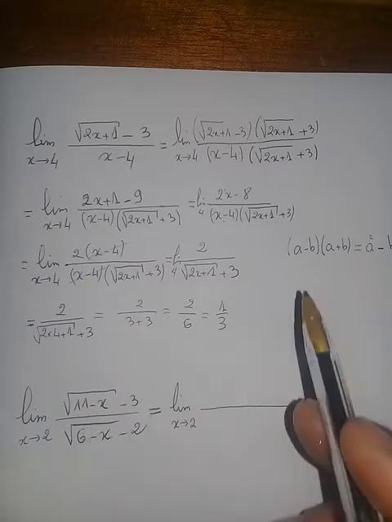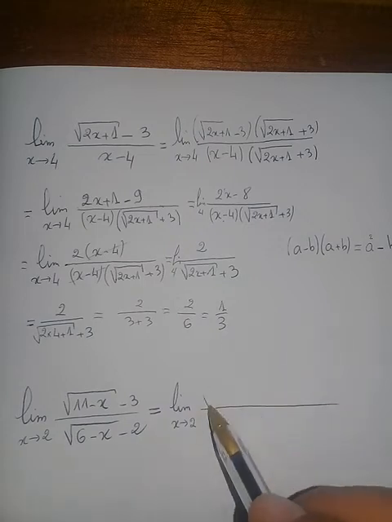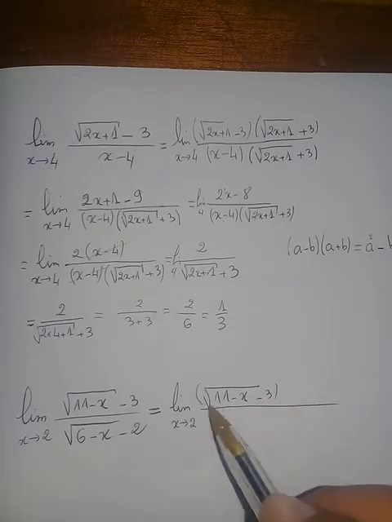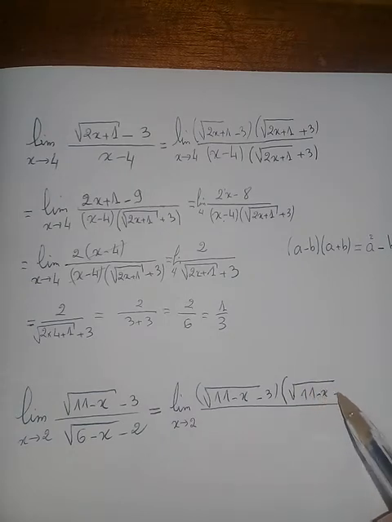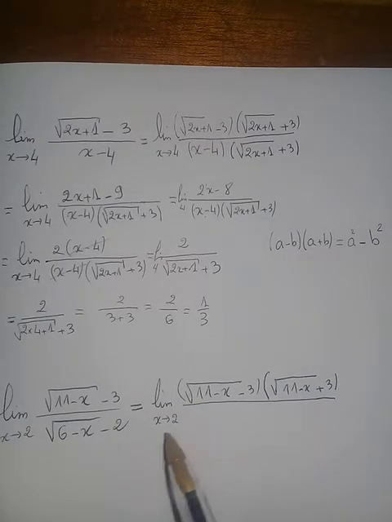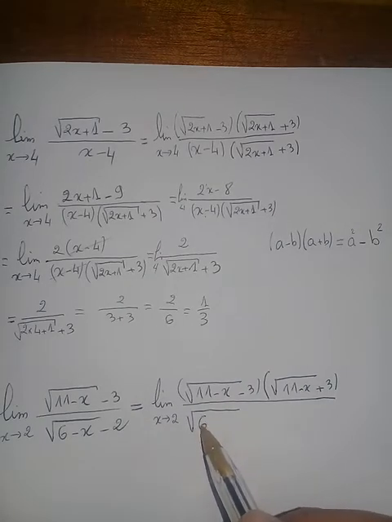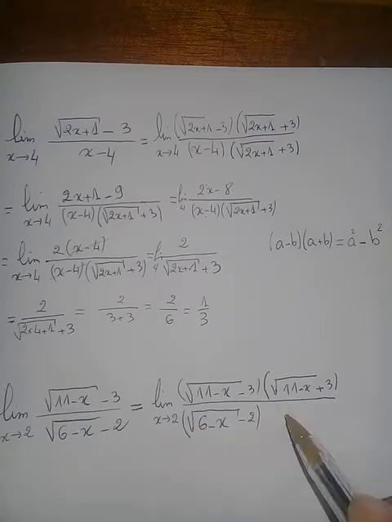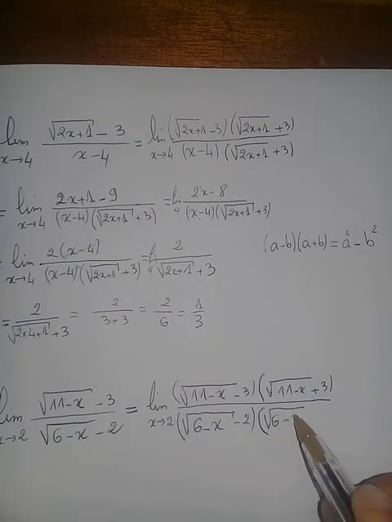So the conjugate of this is this plus this. It's the square root of 11 minus x minus 3 times square root of 11 minus x plus 3. And this one by its conjugate, it's square root of 6 minus x minus 2 times square root of 6 minus x plus 2.